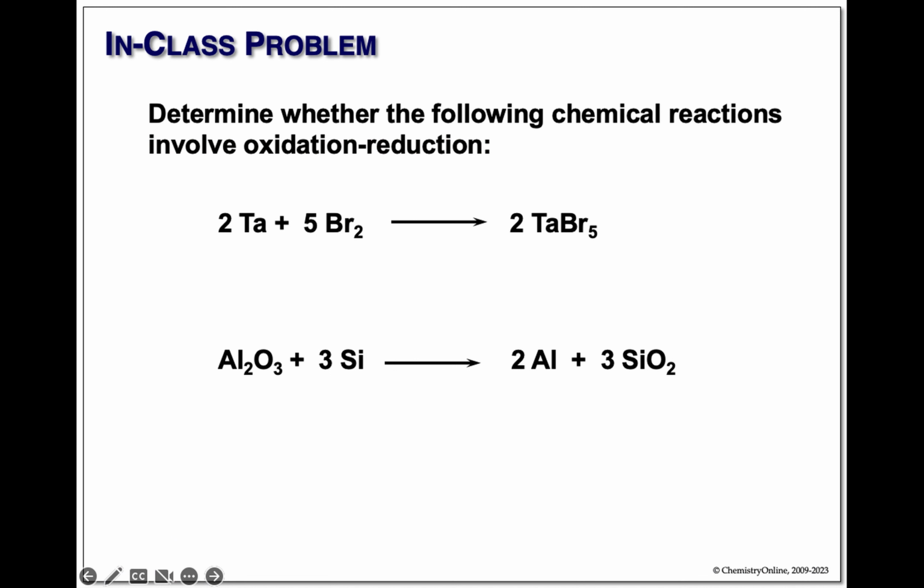It's a synthesis reaction, isn't it? We're starting with elements, so they're both 0. Fluorine's a halogen, it'll be -1, which means that the tantalum must be +5.